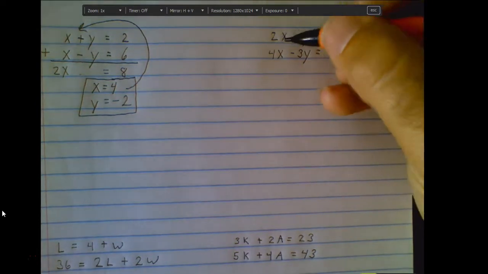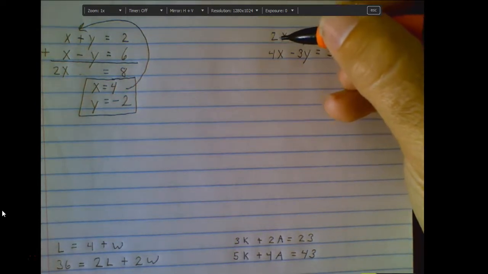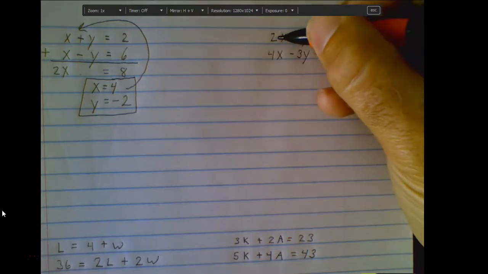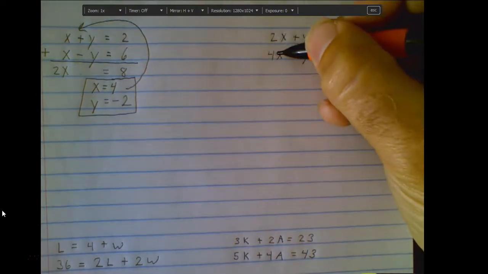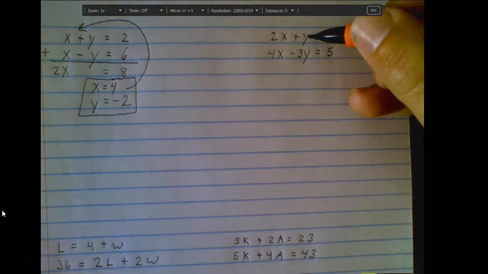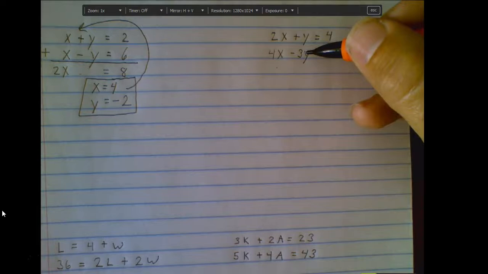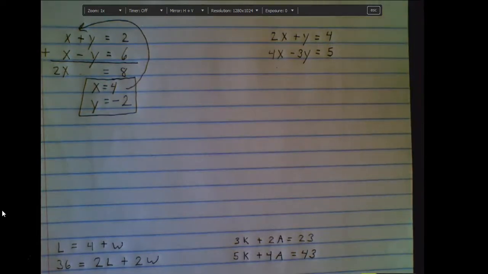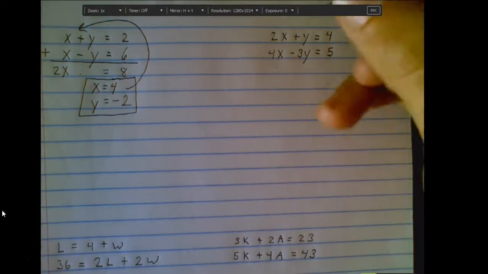One option would be to multiply your top equation by negative 2, because then I would have a negative 4 here and a positive 4 here, so they would cancel. Your other option is to multiply the top equation by 3. That would give me a positive 3 here and a negative 3 here, and that would work also. Doesn't matter which one you want to do, just pick your favorite and go with it.